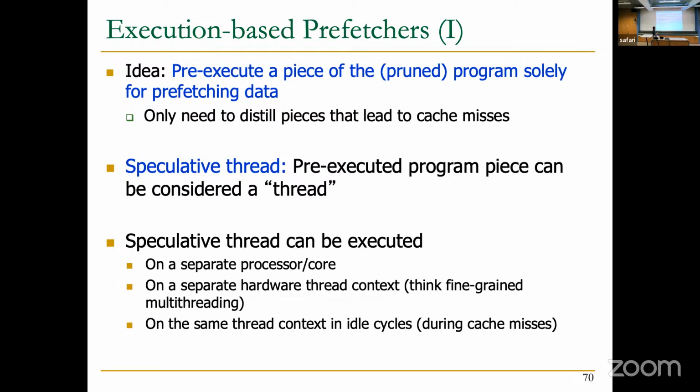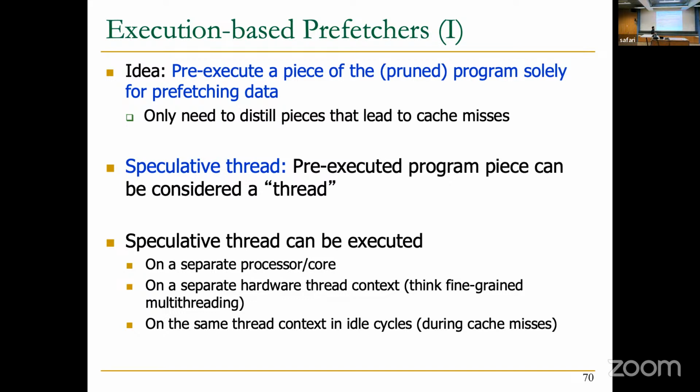Or you can use the hardware thread context, if you have SMT, simultaneous multi-threading, enabled. In those cases, you can use the other thread that is mapped to the same core to execute this speculative thread. Or you can execute in the same thread, same context, same core, just by utilizing an idle cycle.